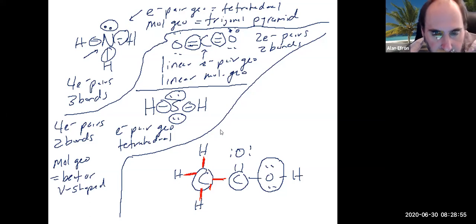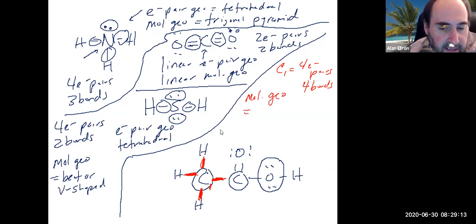So for carbon number 1, there are 4 electron pairs, and also 4 bonds. The molecular geometry for carbon number 1 is tetrahedral.